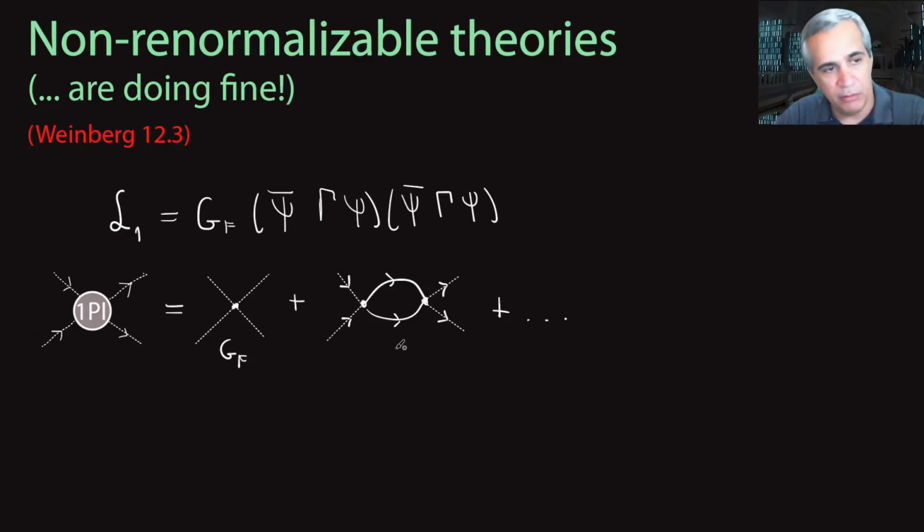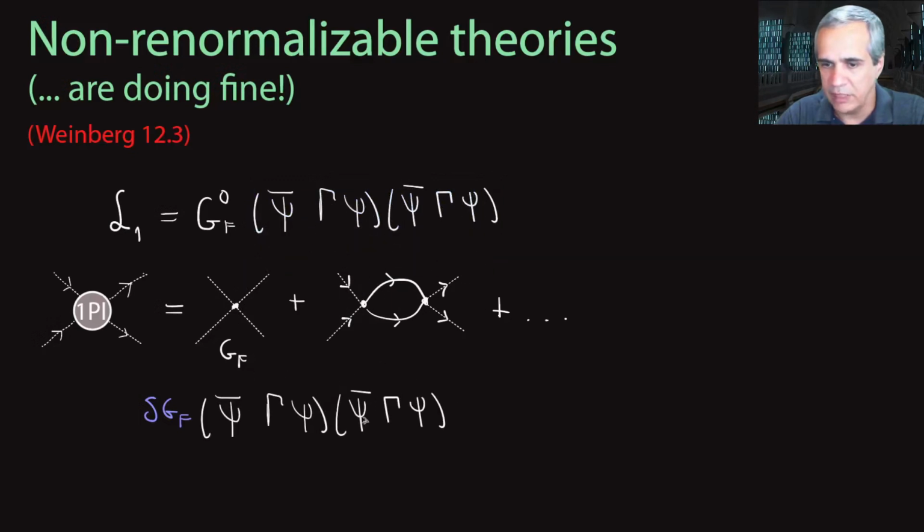And now, of course, if I want to renormalize this theory, if I call this initial coupling constant G0F, now I can define a physical GF and get counterterms. So I can get a term that looks like this, delta GF, times the same operator.